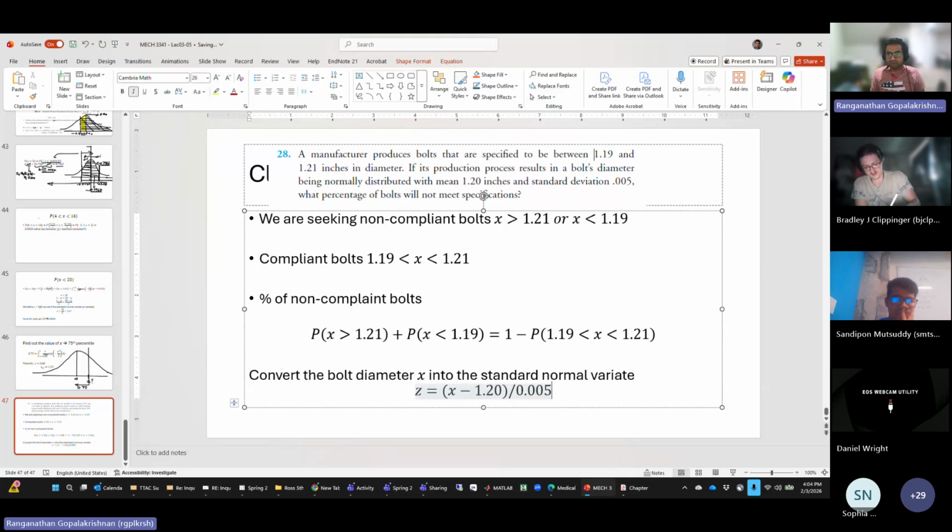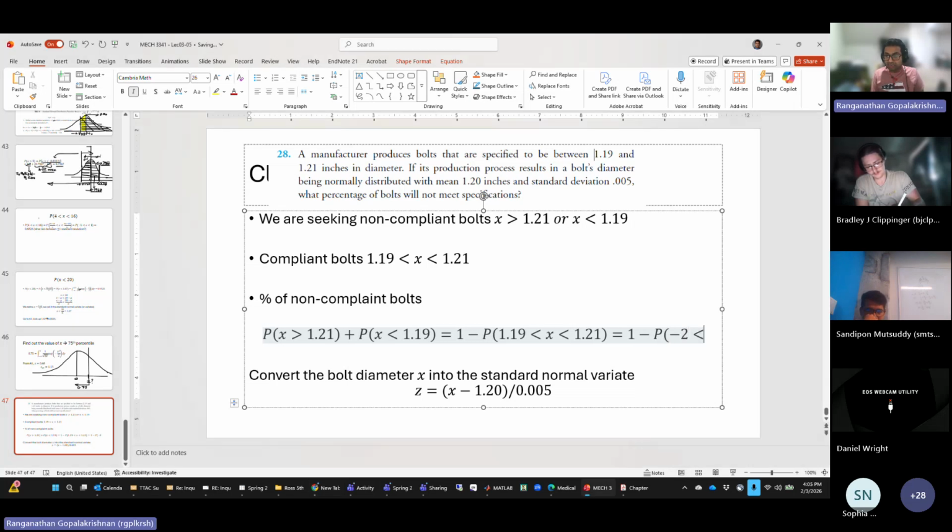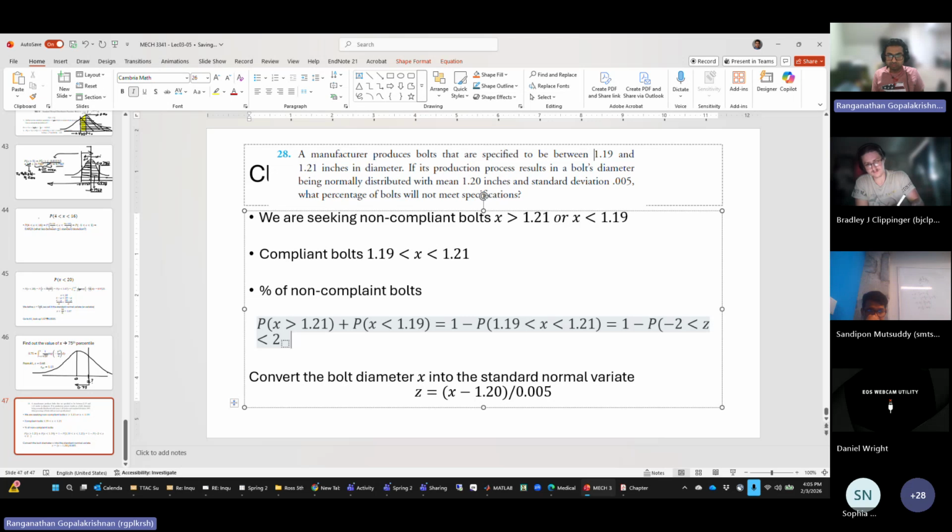So I'll just do that step for you. This will be 1 minus probability of, if I take 1.19, 1.19 minus 1.20 divided by 0.005. That's minus 2. Minus 2 to plus 2. Probability of minus 2 less than z less than 2.